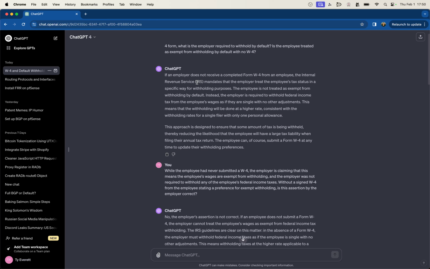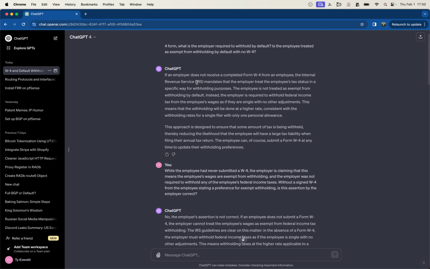Regarding the employer's claim that the employee is liable for saving money to pay their own taxes without help from the employer, this is a misinterpretation of the employer's obligations under the tax law. The employer is legally required to withhold taxes according to the status indicated on the W-4 form, or if no form is provided, at the default status.